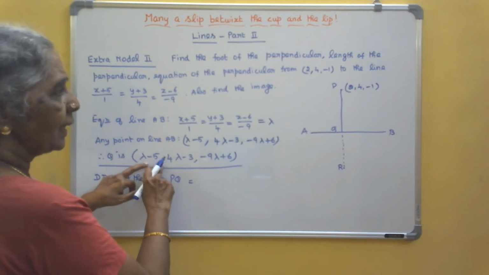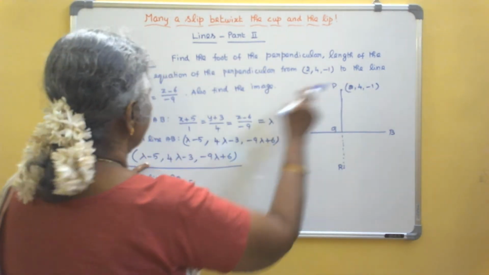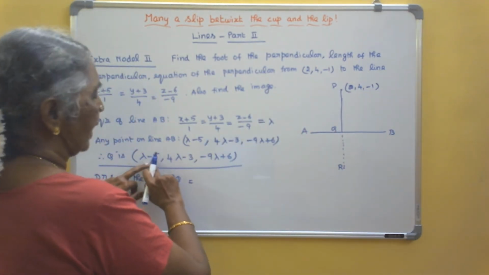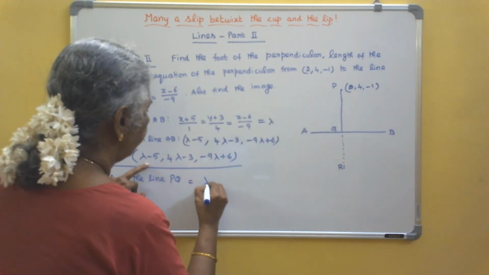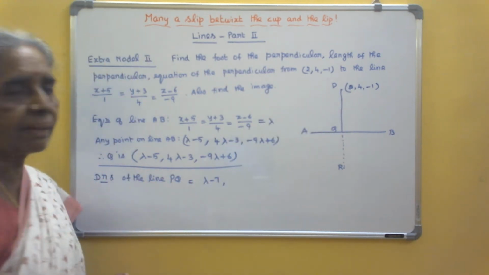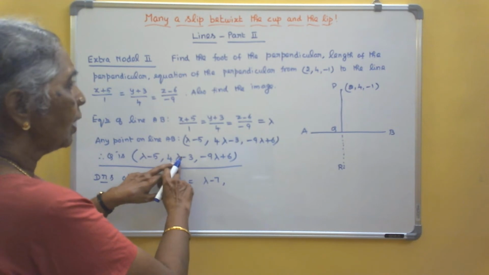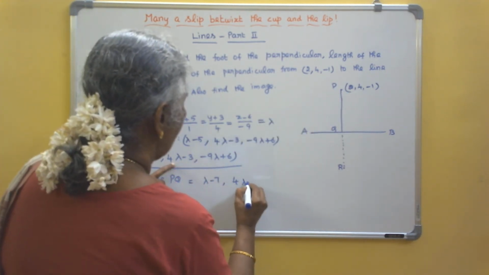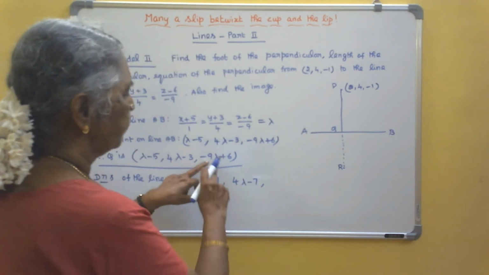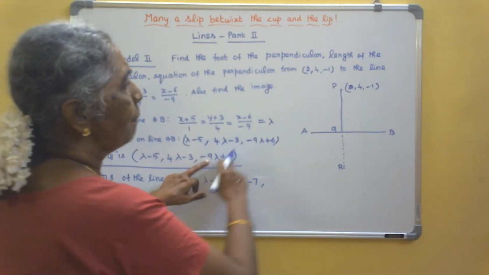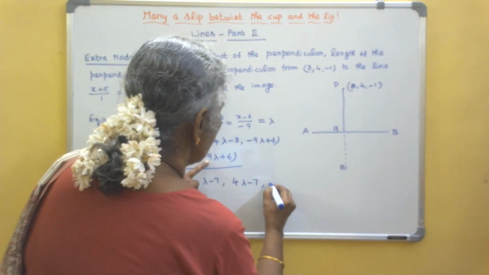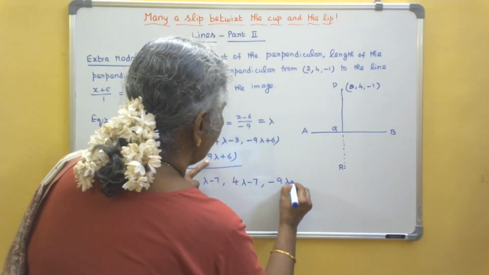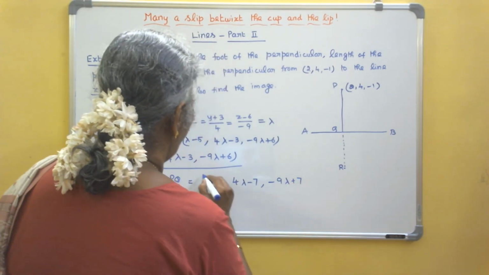You know Q is this and P is this. So, lambda minus 5 minus 2, I will get lambda minus 7. 4 lambda minus 3 minus 4, so 4 lambda minus 7. Minus 9 lambda plus 6 minus of minus 1, so minus 9 lambda plus 7.